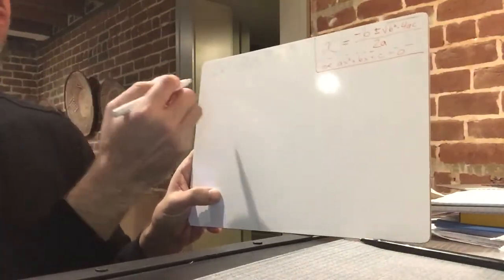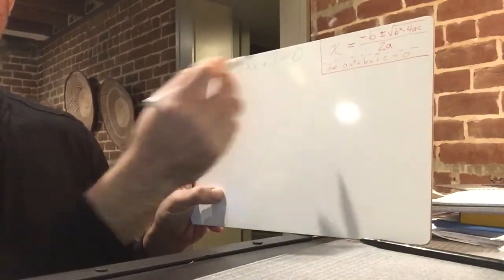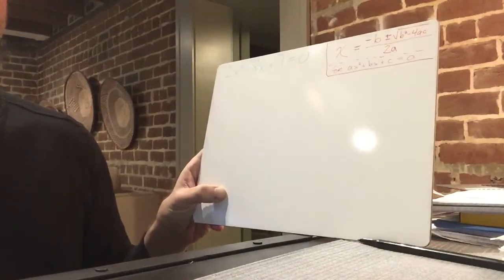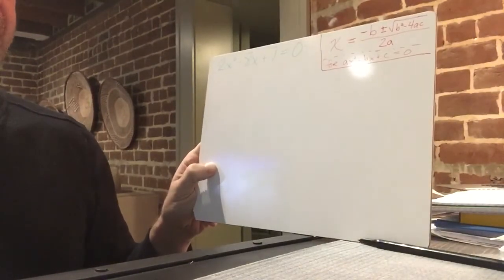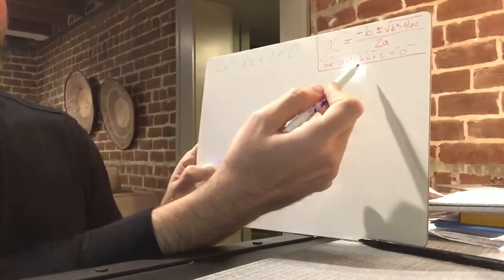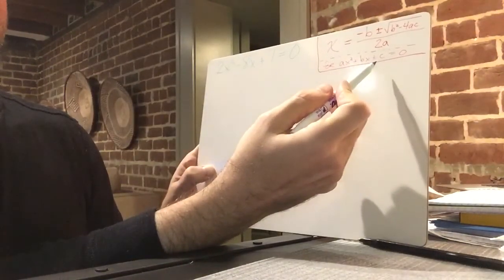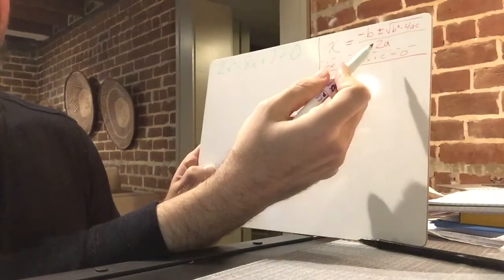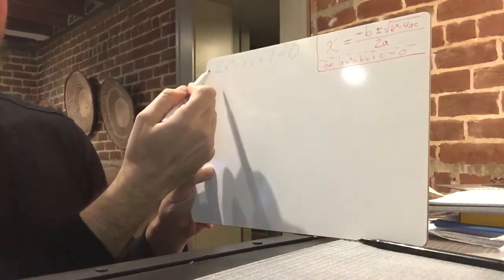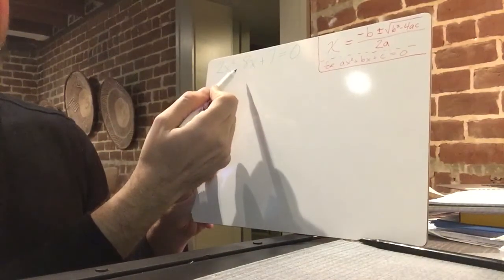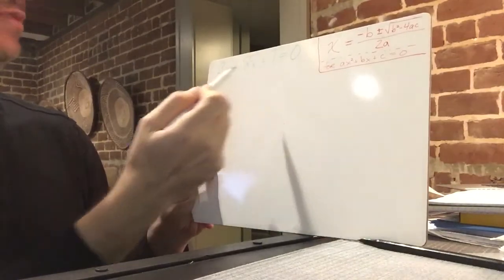When you have 2x squared minus 8x plus 7 equals 0, it's already in the format you need, ax squared plus bx plus c equals 0. So we can go right to the quadratic formula and know that a equals 2, b equals negative 8, and c equals 7.